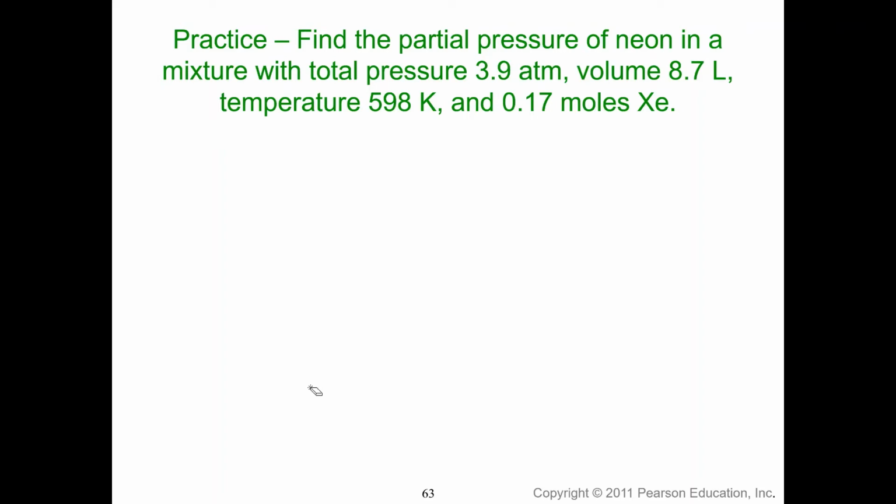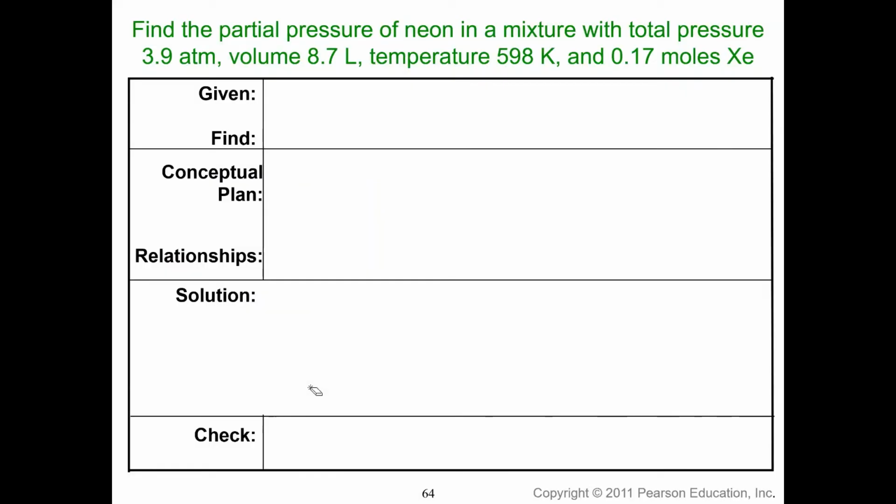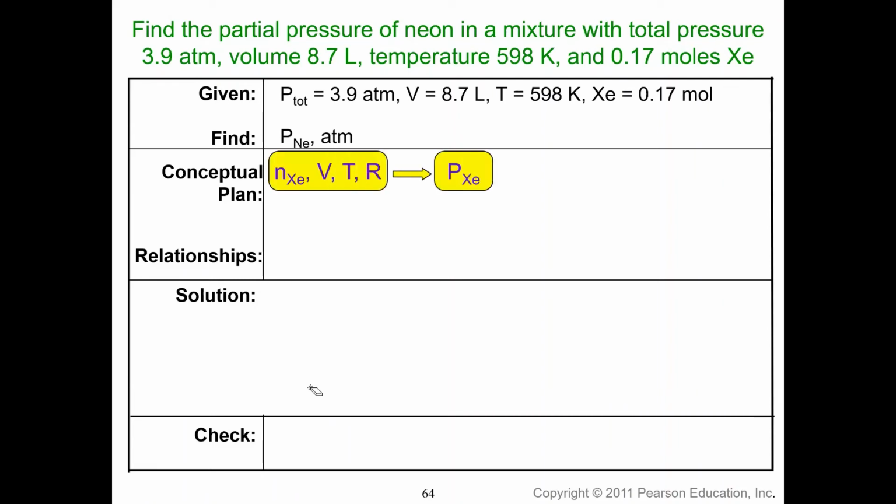It's very easy, right? For this problem, it's fairly easy. Here, from the ideal gas law, we find the partial pressure of xenon. We understand our two gases mix together. You subtract this from the total, and that gives you the neon partial pressure.